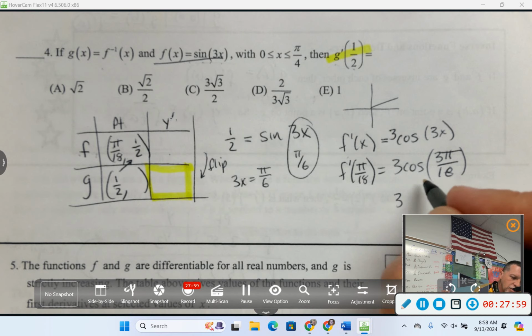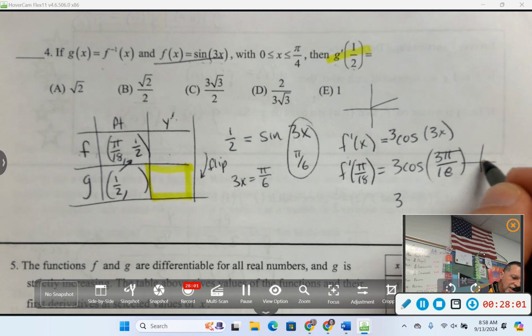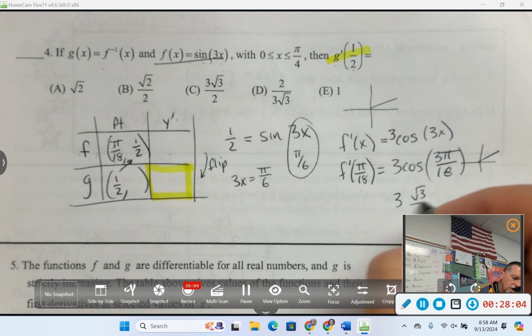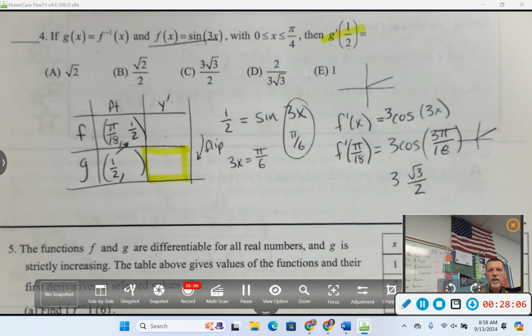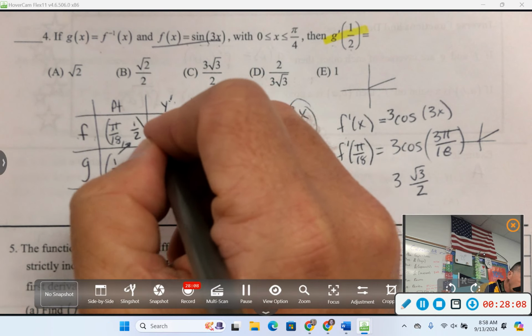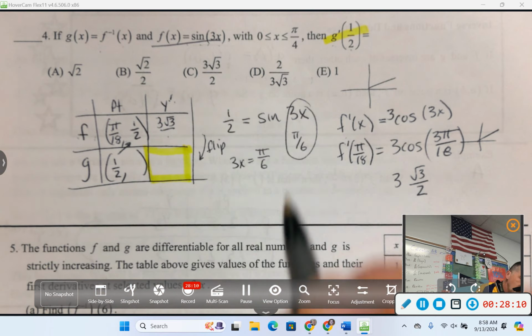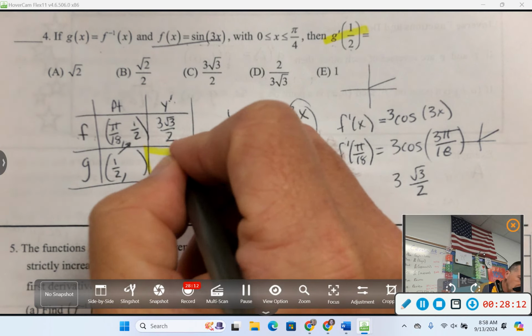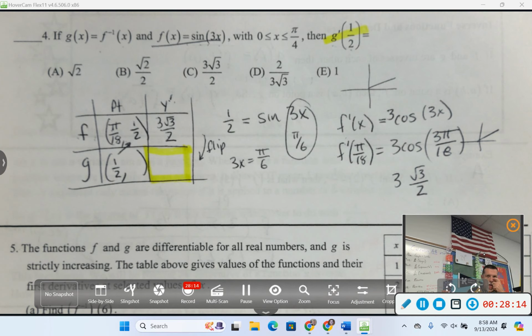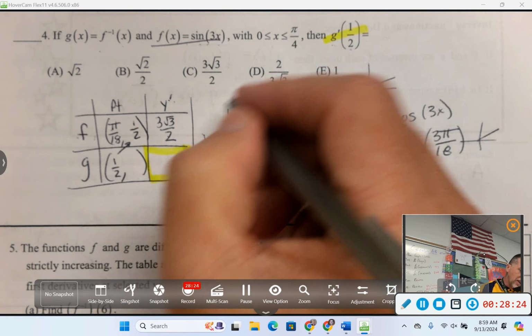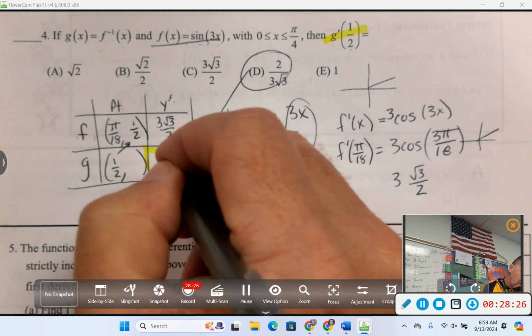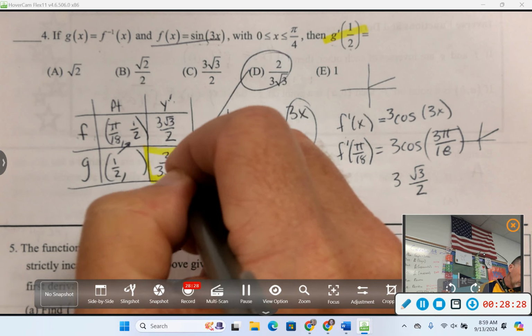The cosine of pi over 6 is root 3 over 2. So I've got the derivative, 3 root 3 over 2. And I'm almost there. All that's left is to flip it over. And you start looking at your answer choices, and they didn't even bother to fix it. They just flipped it. 2 over 3 root 3.